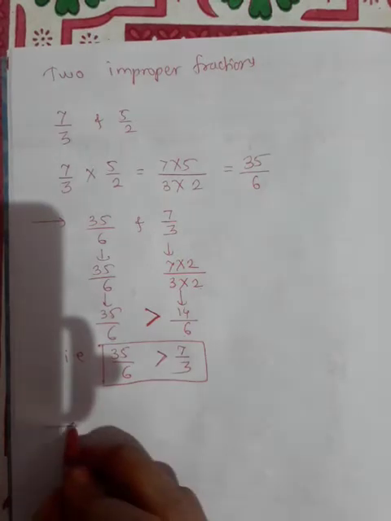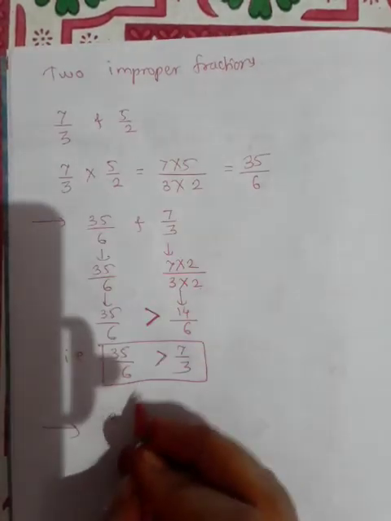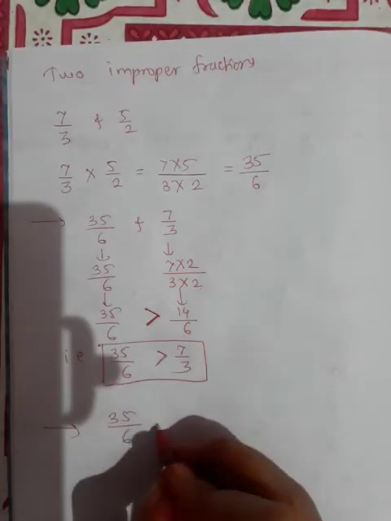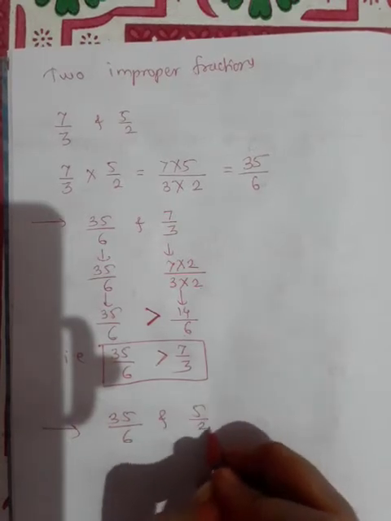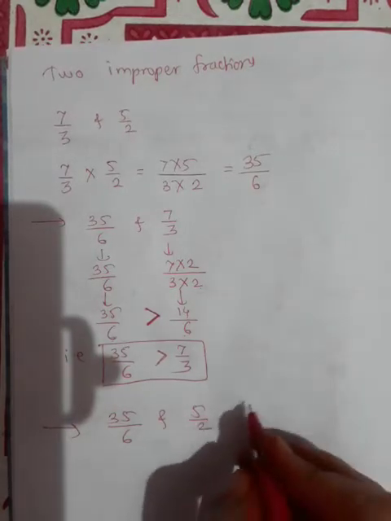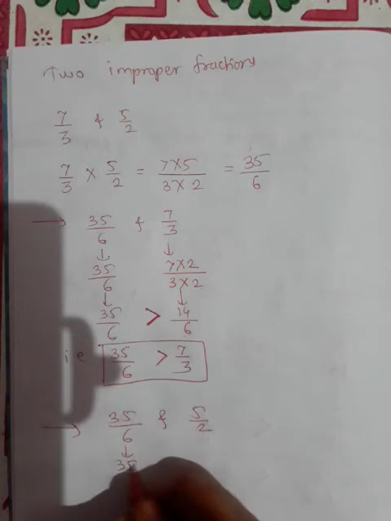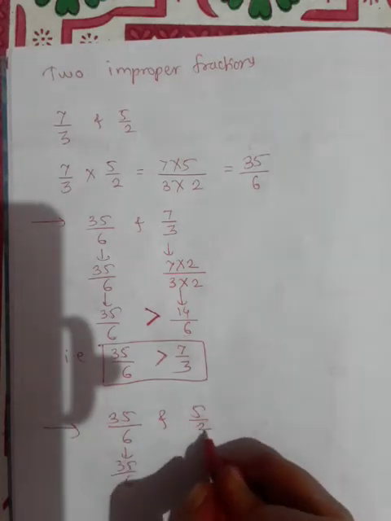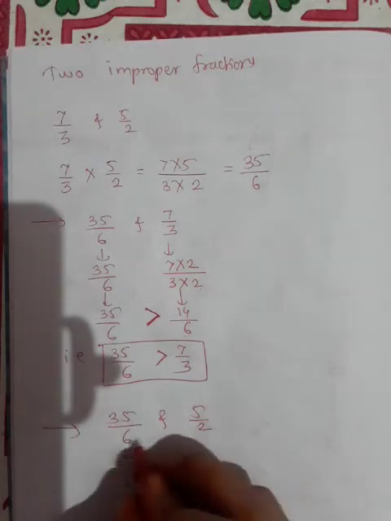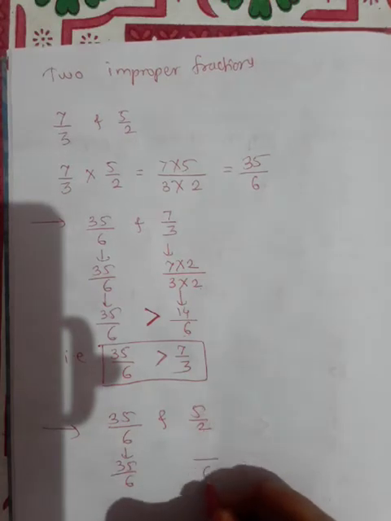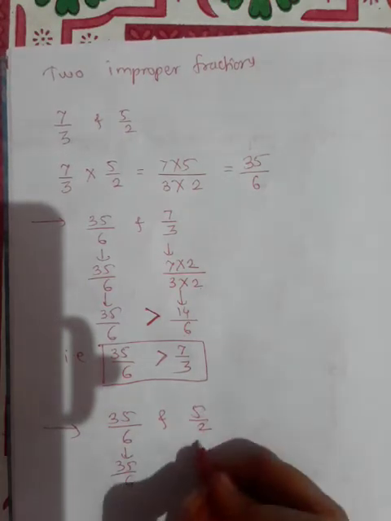See, what about 5 by 2? The relation between 35 by 6 and 5 by 2. Here the denominator is not the same, so to make the denominator 6, we have to multiply here by 3, so 6, and this is 15.